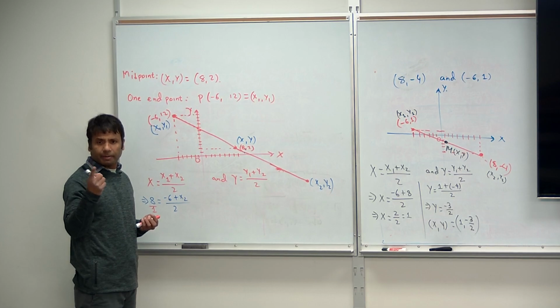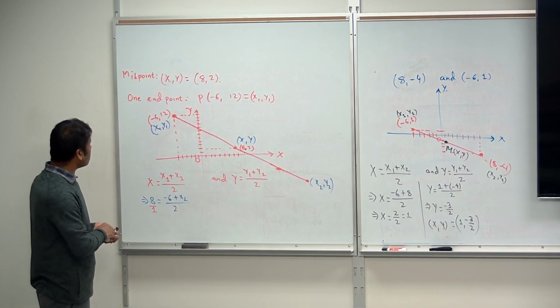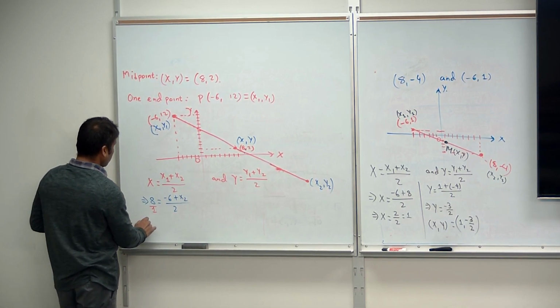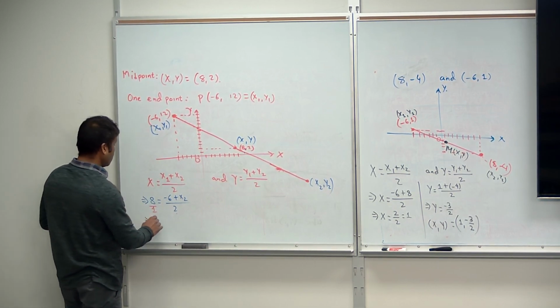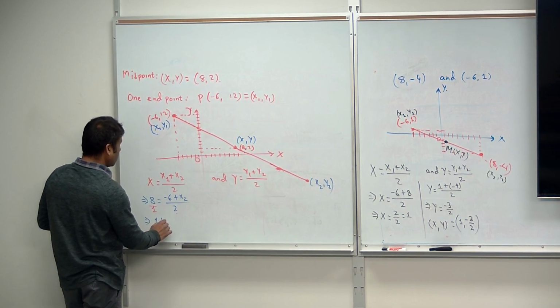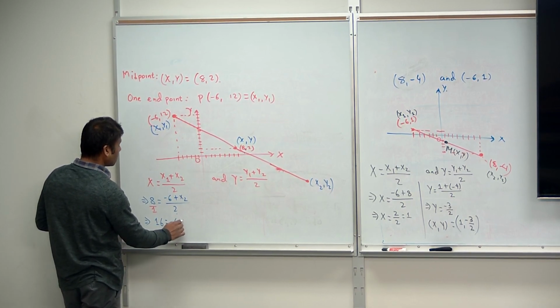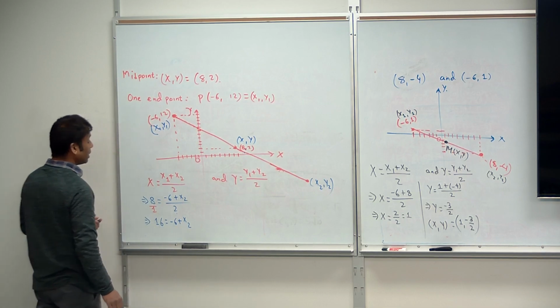If you cross multiply, what is 8 times 2? 16. So 16 equals negative 6 plus x2.